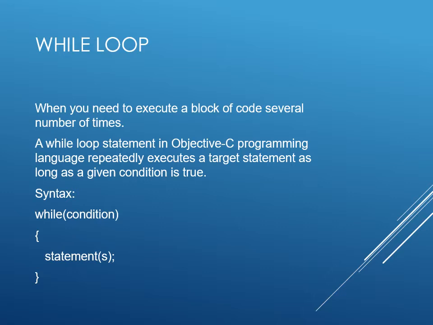You can simply put the condition over here and then the statement, and you have to declare your integer for this. You have to do the declaration before the while loop. It is preferable to declare your variable before the while loop. This is your declaration, this is your statement, and there you will increment like this.